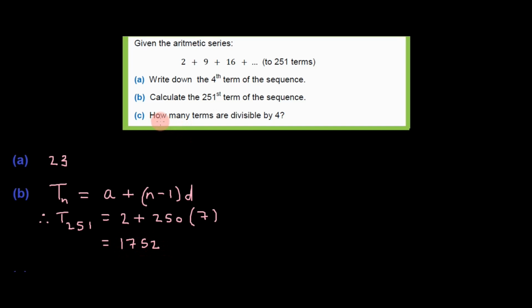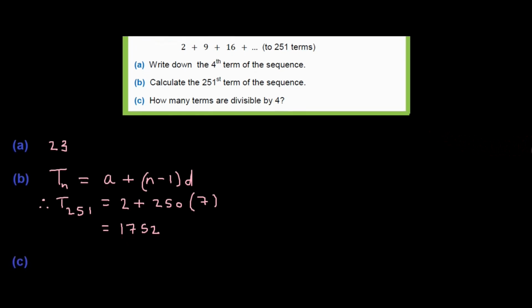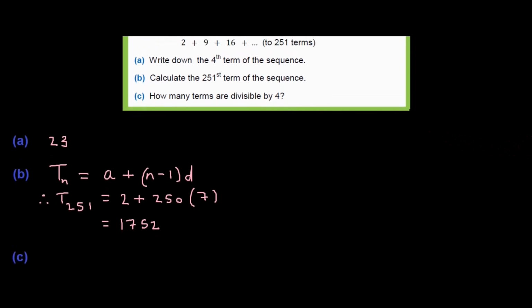In C, we have to calculate how many terms are divisible by 4. So once again, we're going to write out the sequence. So it's 2, 9, 16. So 16 is the first term divisible by 4. We keep on adding. So 16 plus 7 is 23.